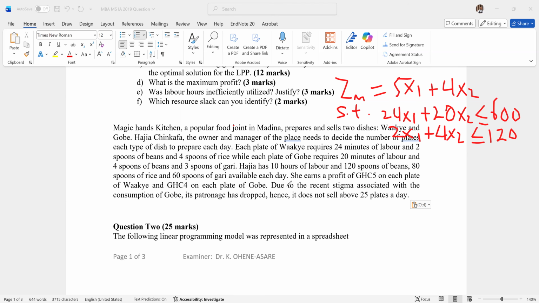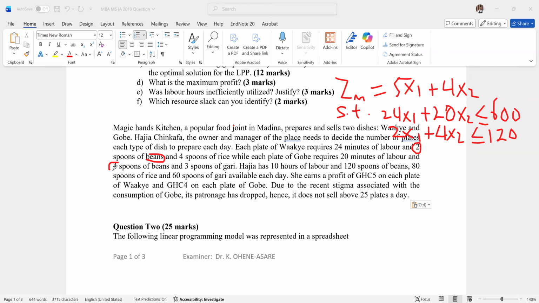Okay, so now if you look, this is the beans constraint. We got to know about beans for the first time when he was talking about labor. We saw the first one was 2 spoons of beans when we're preparing the wache. And then when we're preparing the gobe, we have 4 spoons of beans.